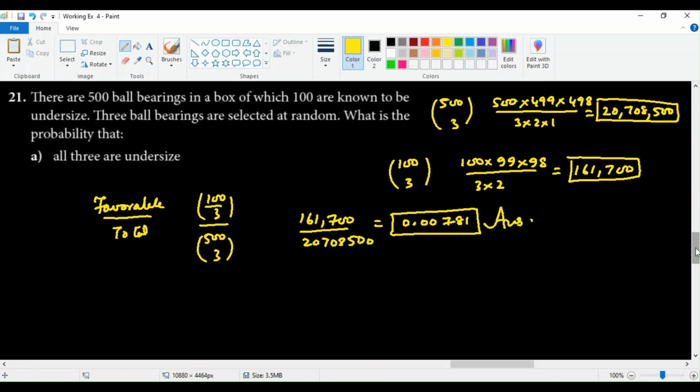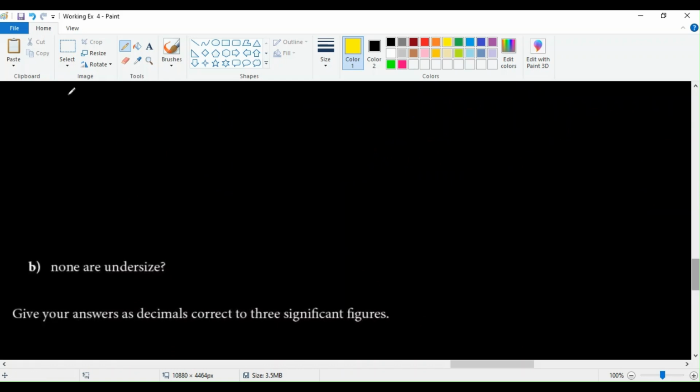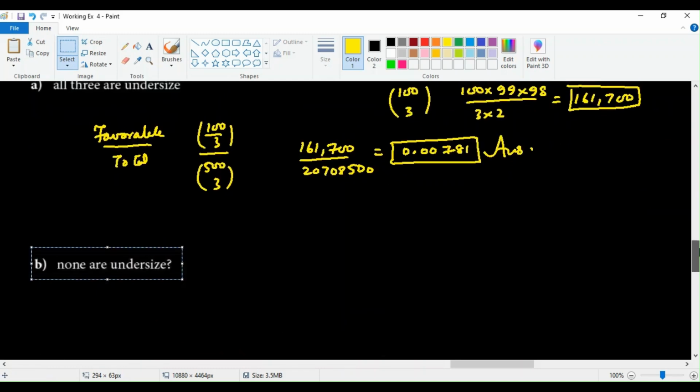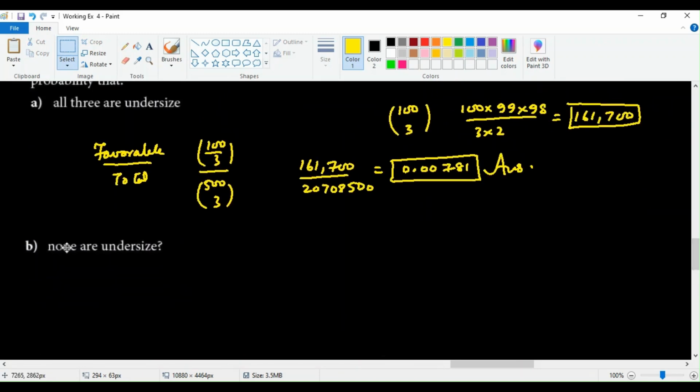Next comes part B, which is saying none are undersized. Now I bring this one here so that we can see what we have done so far. Now 3 are chosen from 400.